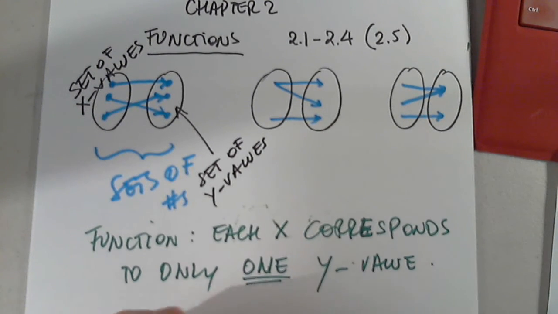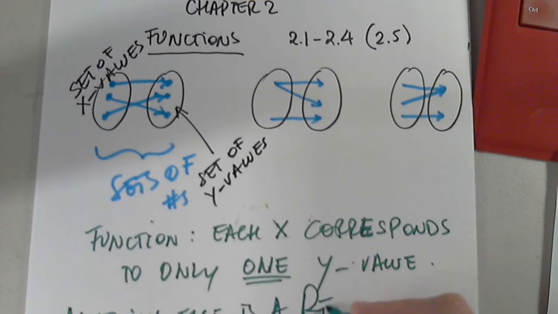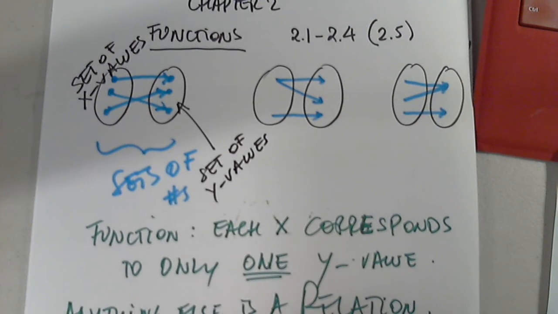Anything else, any other type of relationship or connection, is a relation, comma, not a function.